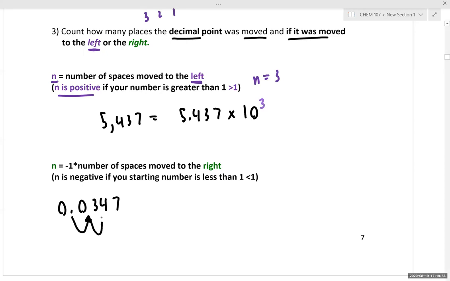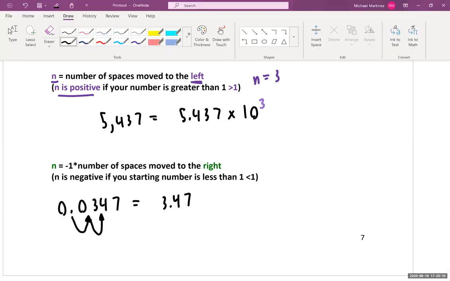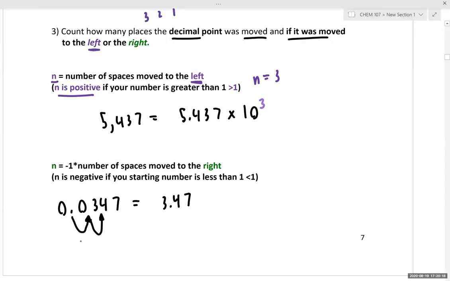No. So let's try one more time. I move it a second space to the right. Okay. Now, looking at 3.47, do I have a number between 1 and 10? Yes, most definitely.